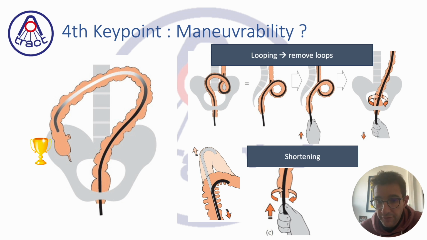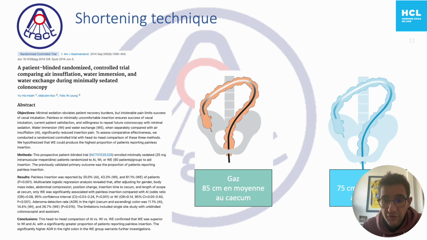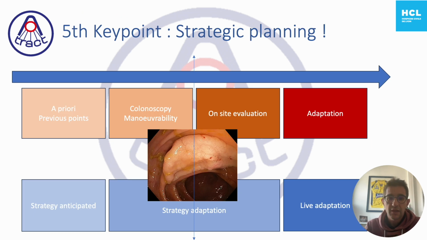If you do form loops, you should try to remove them by delooping in order to get a very good colonoscopy around 80 centimeters at the cecum with a good transmission of the scope movement, which makes your ESD far easier. And to do the shortening technique very well, underwater insertion with water exchange is probably the best option to reach the cecum with a good maneuverability.